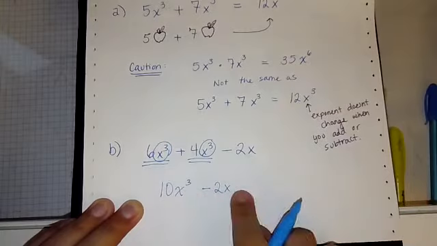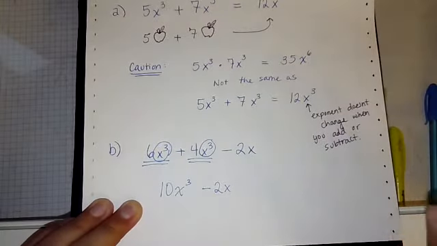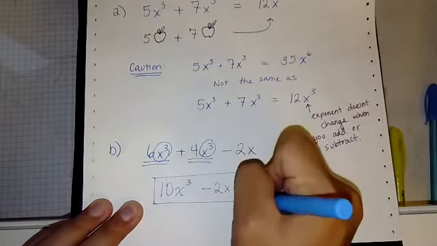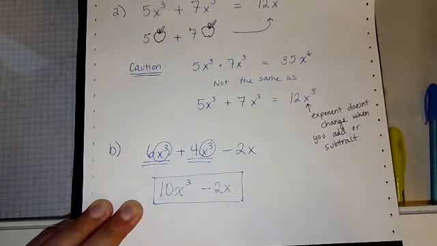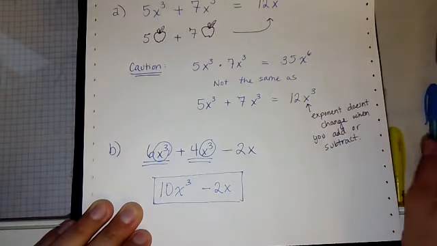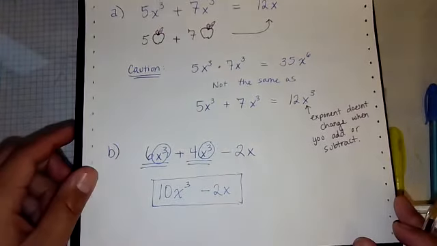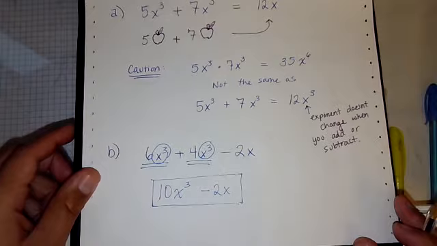We can't combine them because it's apples and oranges. So this would be simplified. Does that make sense? Okay, let's look at some more examples.